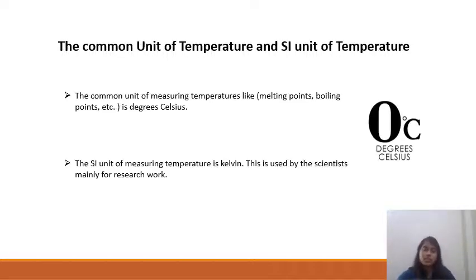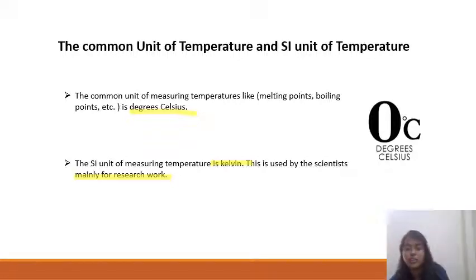So the common unit for measuring temperature, like melting point, boiling point or anything else, is degree Celsius. And the SI unit of temperature is Kelvin. This is used by scientists mainly for research work. Kelvin is not so common, and common people do not use it. It is only used for research work.